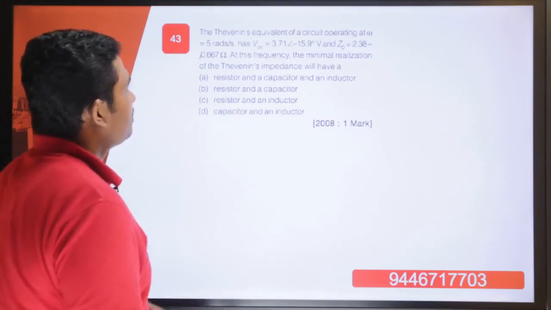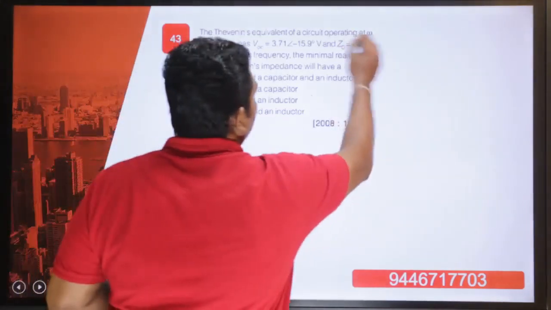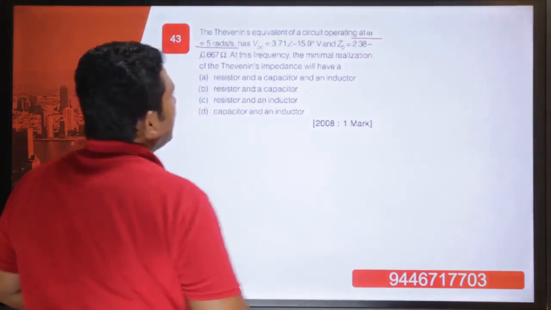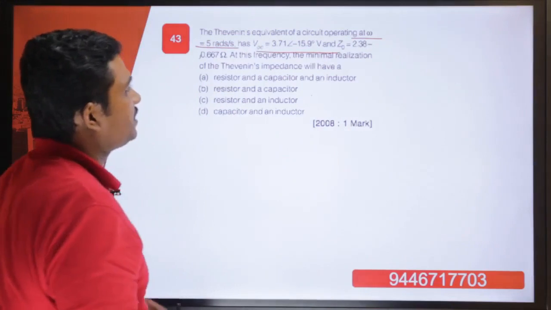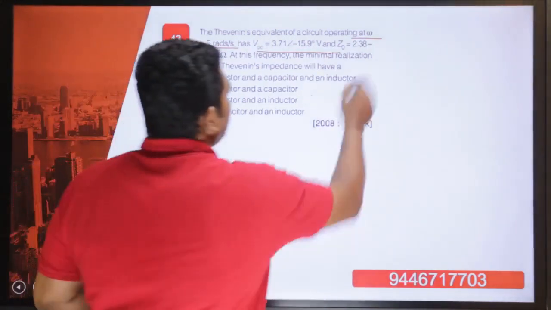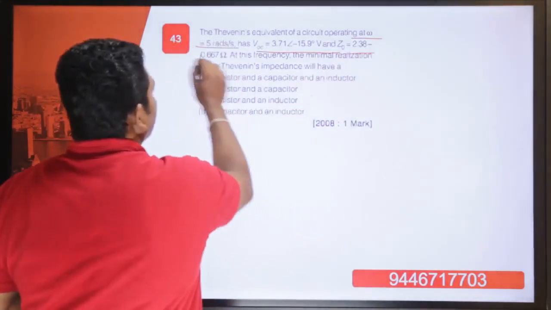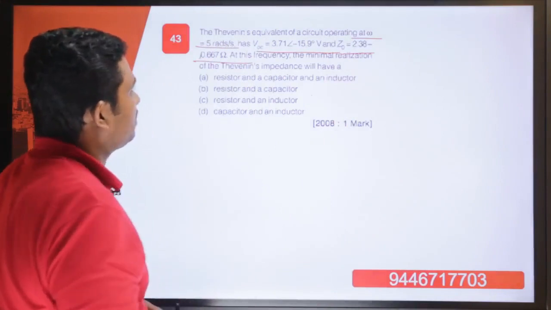The Thevenin equivalent of a circuit operating at omega equals 5 radians per second has the open circuit voltage as 3.71 angle minus 15.9 degree volt and impedance as 2.38 minus j 0.667 ohm.